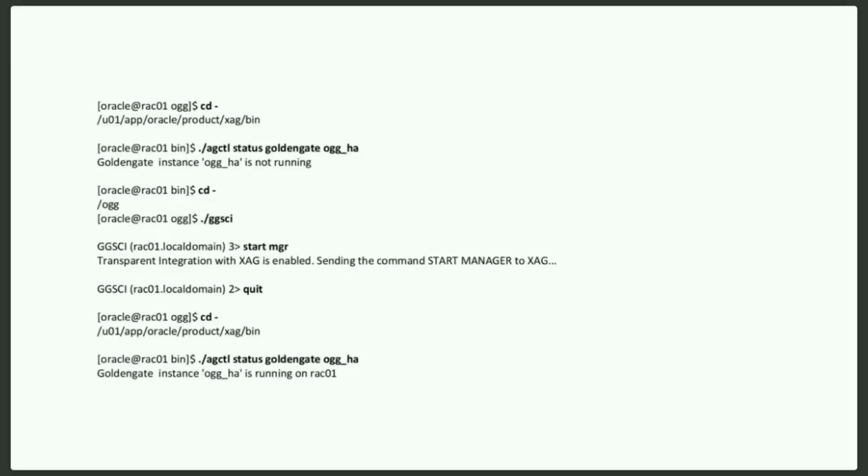Basically Clusterware is made aware whether GoldenGate is running or not, even though I have not actually started GoldenGate using agctl. But like I said, the best practice is to always use only agctl to manage GoldenGate. It's like saying, if you have a RAC database, should I use srvctl or SQL Plus? I would say use srvctl, because SQL Plus is not really integrated with your Clusterware.